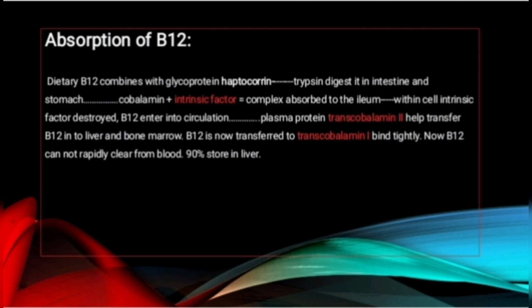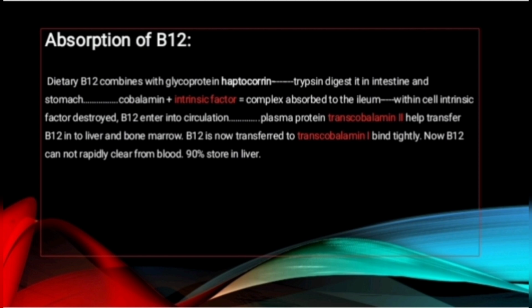The intrinsic factor is secreted by the parietal cells of the gastric mucosa and is present in the highest concentration in the fundus of the stomach. And for the intrinsic factor complex, an adequate amount of HCl is required, which helps in absorption of vitamin B12.